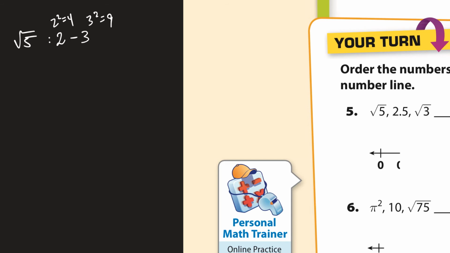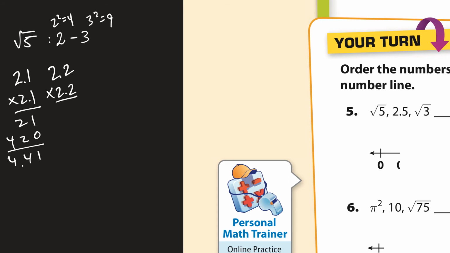Okay, so it's closer to 4 than it is to 9, so let's use 2.1 times 2.1. That's 4.41. Let's try 2.2 squared. And I'm trying to find how close I can get to 5.